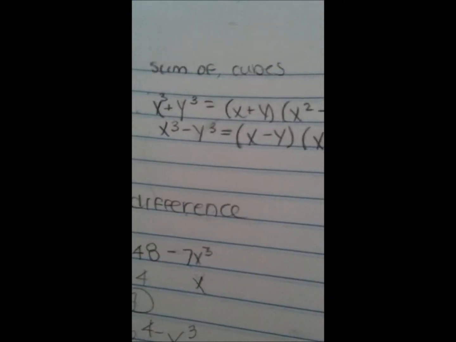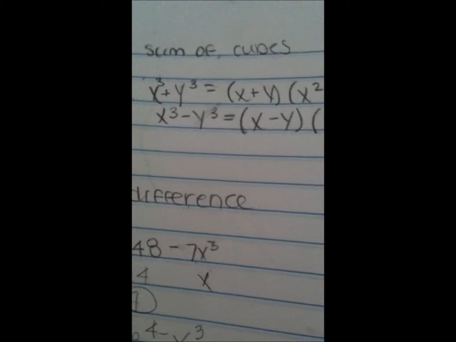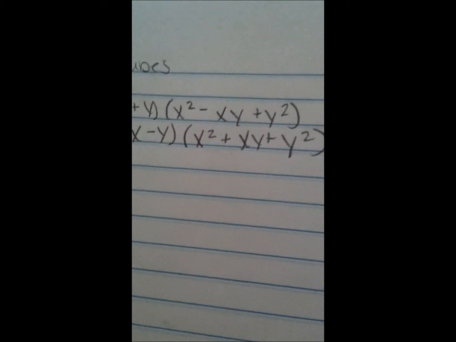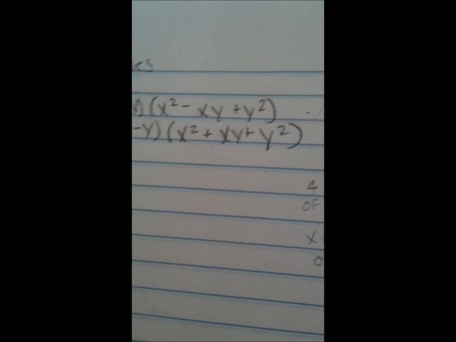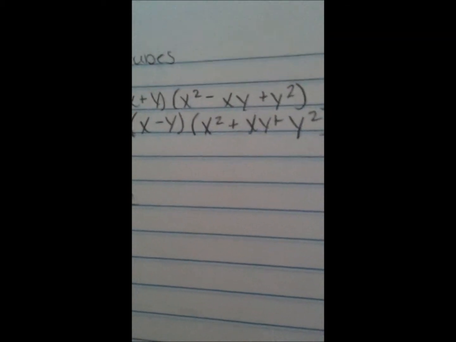The way I use the formula, if it's the sum, is a cubed plus b cubed equals a plus b times a squared minus ab plus b squared. And the difference is just the opposite.